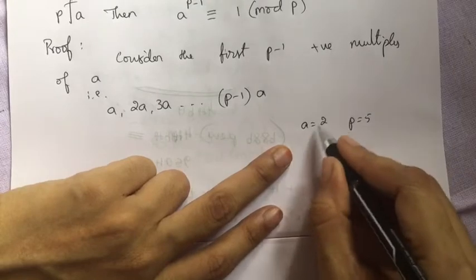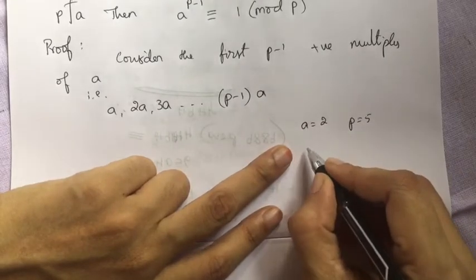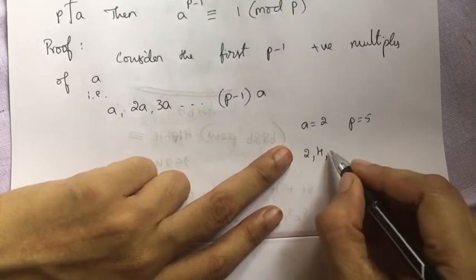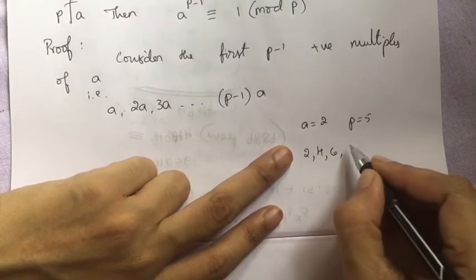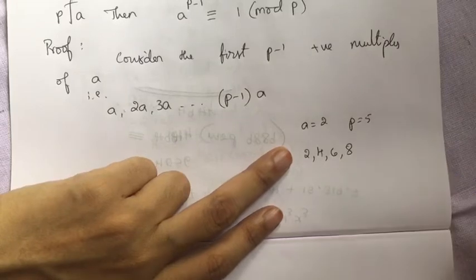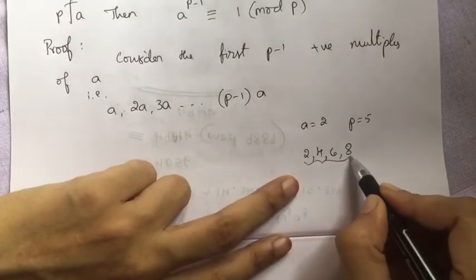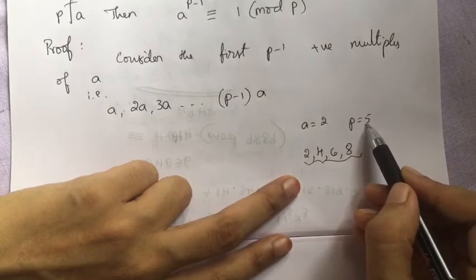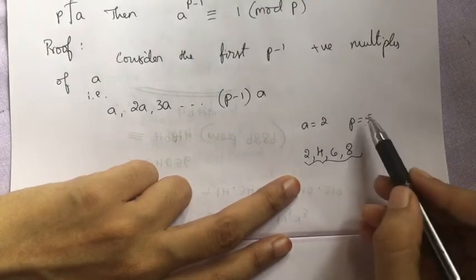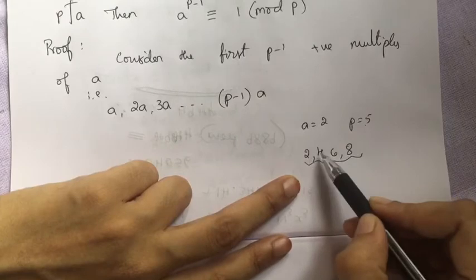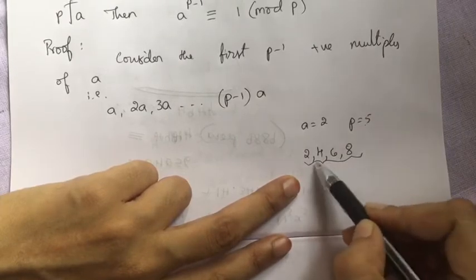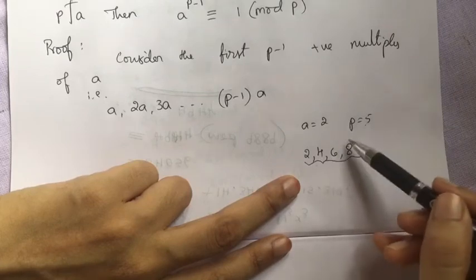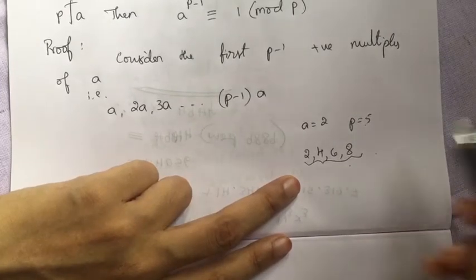So a, 2a, 3a, then 4a is 8. Now you look at these numbers, they are not congruent mod 5. When I take modulo 5, none of these numbers is congruent to any other.